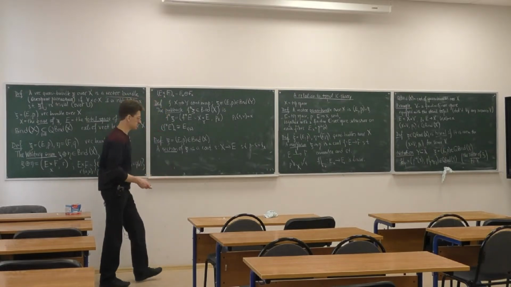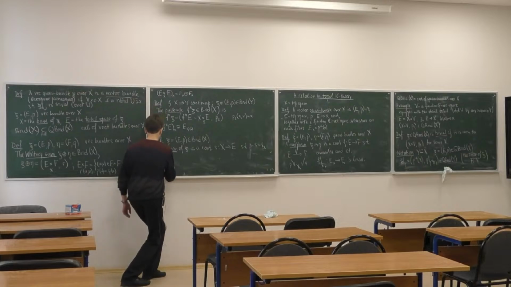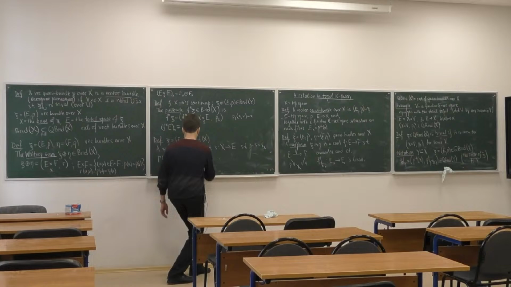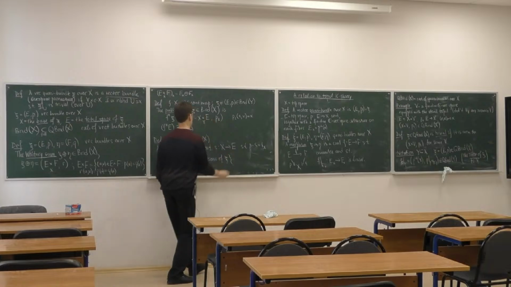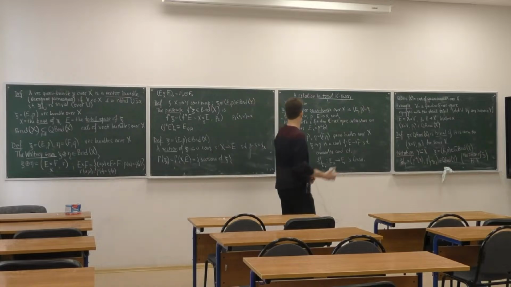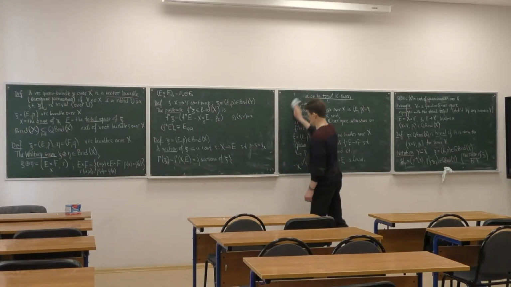The set of all sections of xi is usually denoted by Γ(xi) or by Γ(E). This is the set of all sections of xi. Well, actually, this is not just a set.